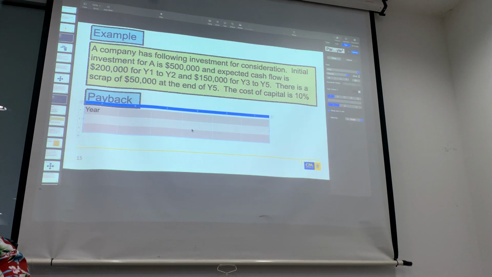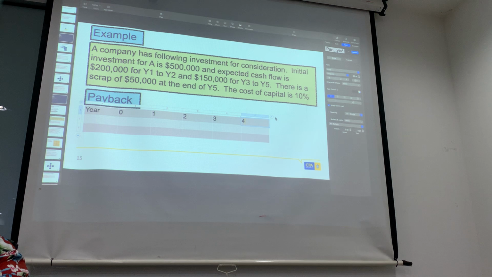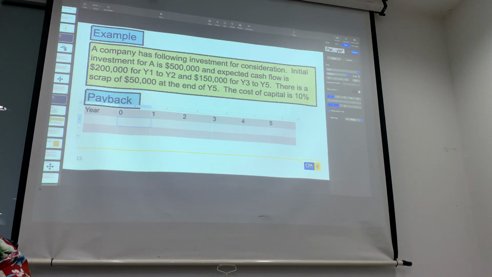Zero, one, you know how to do this, right? Fine. You put the cash flow here. You put the cumulative cash flow. Got it?